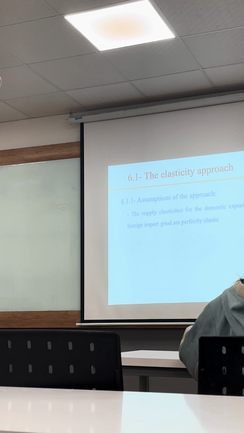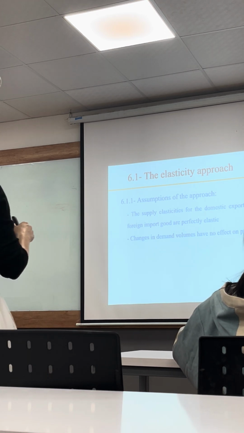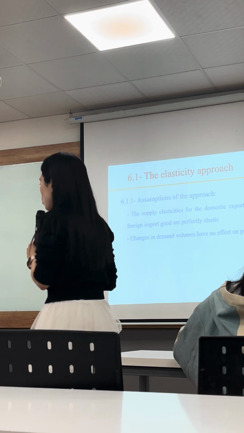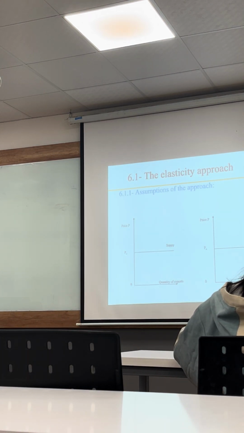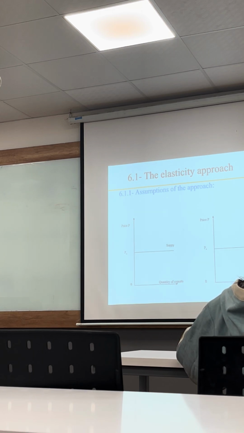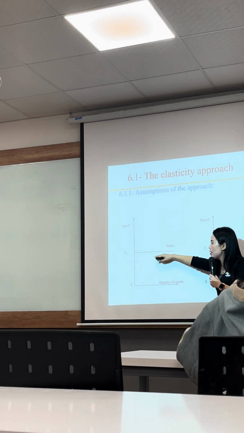Okay. And the changes in the demand volume have no effect on the price. Meaning that the changes in the demand volume have no effect on prices. That is the graph that illustrates the demand and supply. It's not a curve. It's a line, and here we know that it is flat.